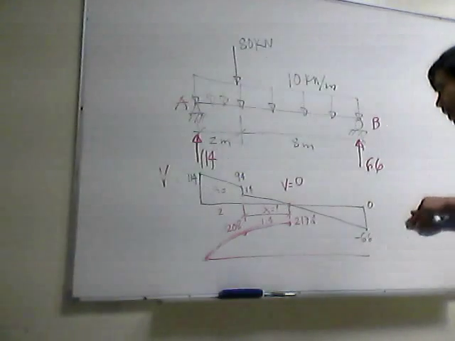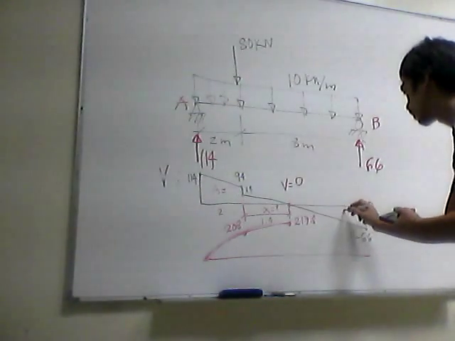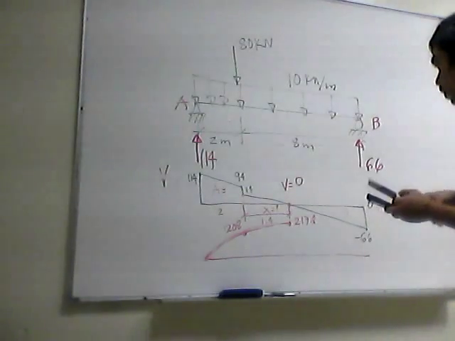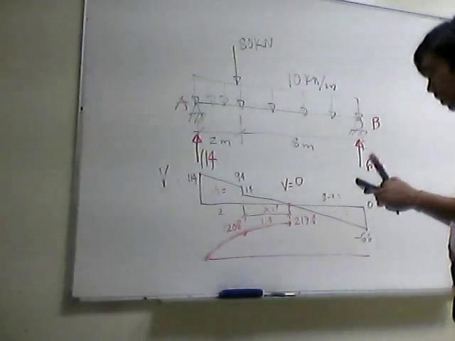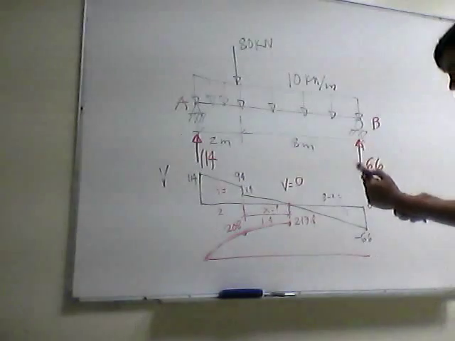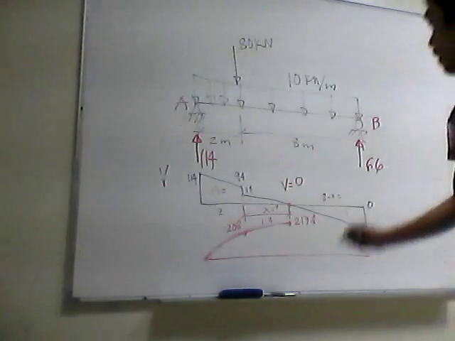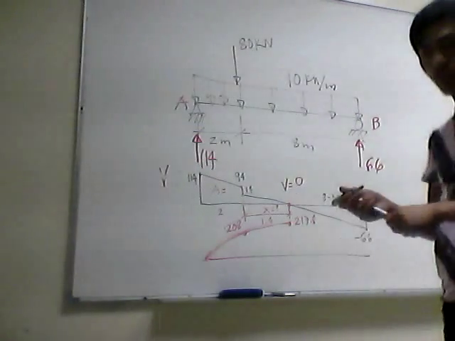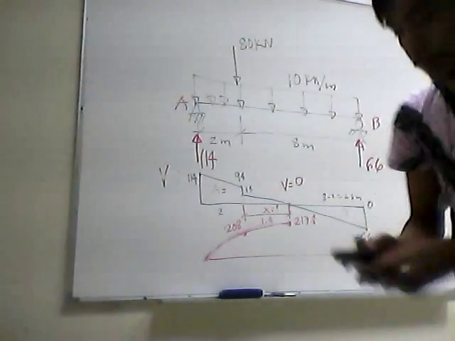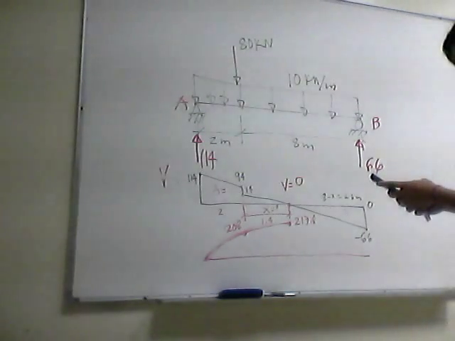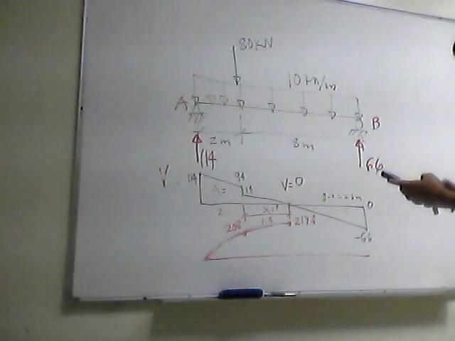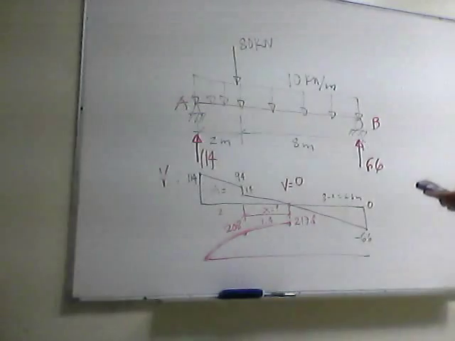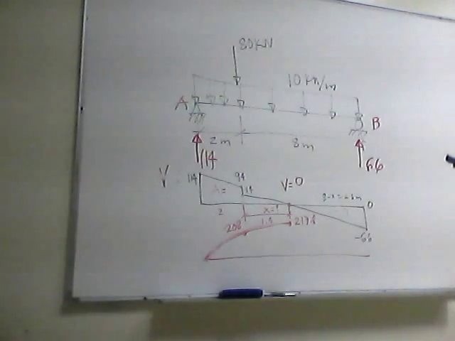And we have a negative area here. We know that this distance is 8 minus x, that is 8 minus 1.4, that is 6.6. So we can easily solve now the area, 6.6 multiplied by 66 divided by 2.